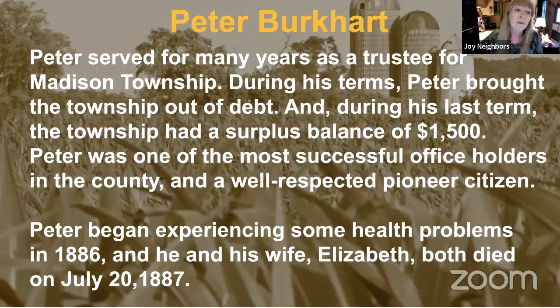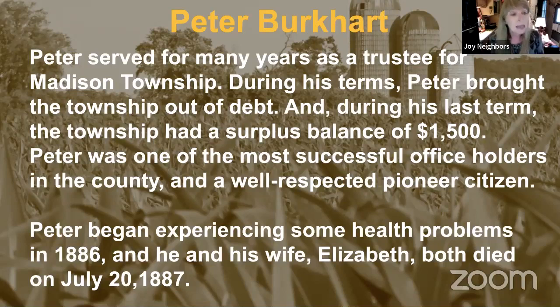Now, he served for many years as a trustee for the Madison Township, and during his terms, Peter brought the township out of debt. During his last term, the township had a surplus balance of $1,500, which was quite a big deal back then. Peter was one of the most successful office holders in the county, and he was a very well-respected pioneer citizen.